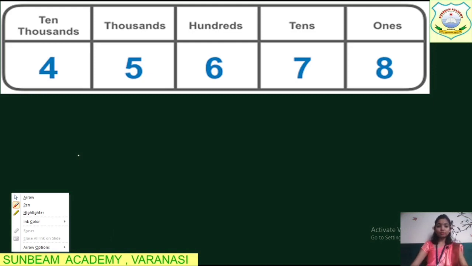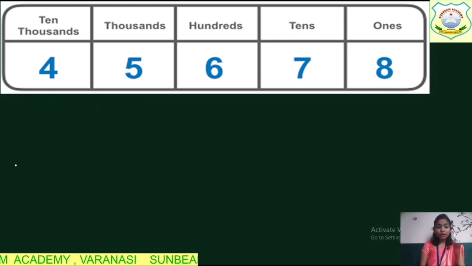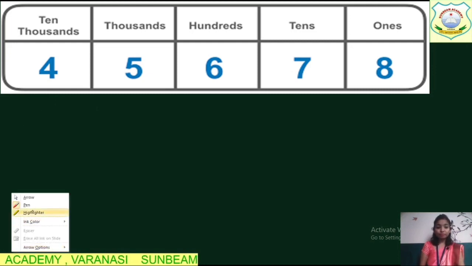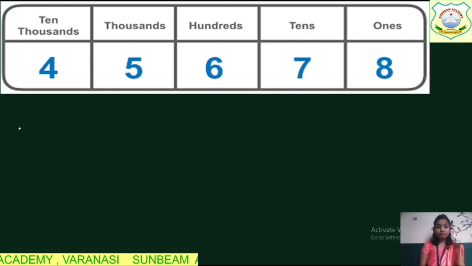First of all, 4 is at which place? 10,000. Whenever you are writing in words, remember that first of all you write down the numbers: 4, 5, 6, 7 and 8.